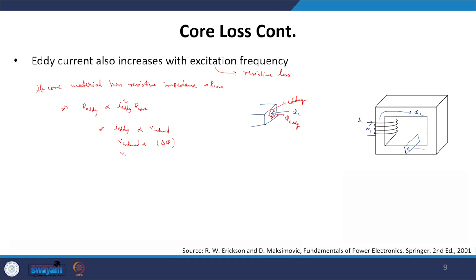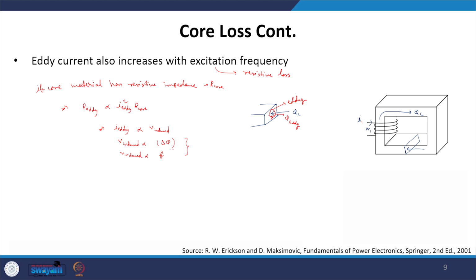And V induced is also proportional to the frequency of excitation, because depending upon the frequency of the current I1, there will be a varying phi c having the same frequency as the excitation.